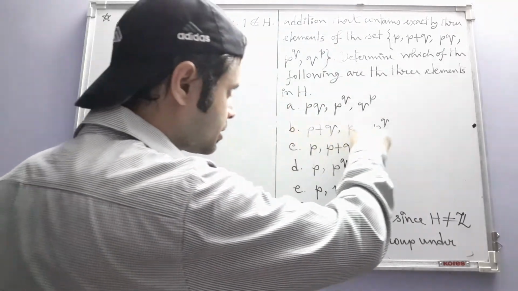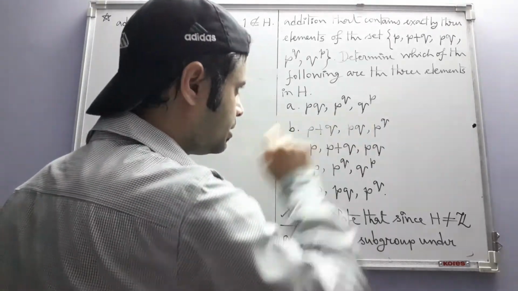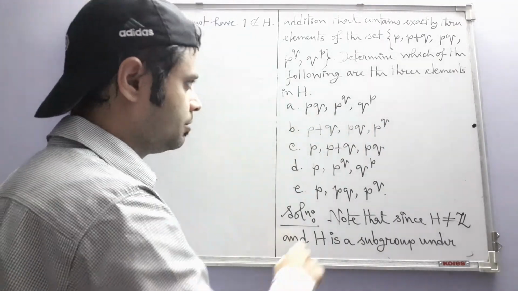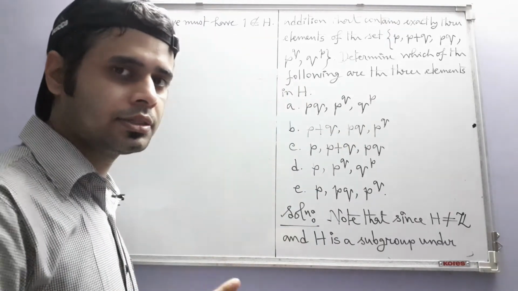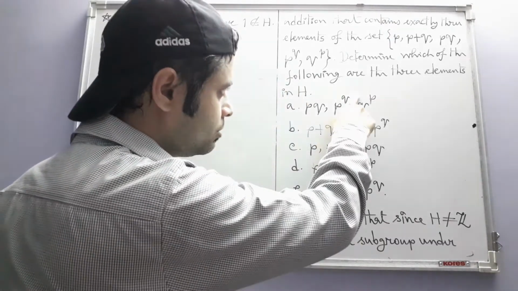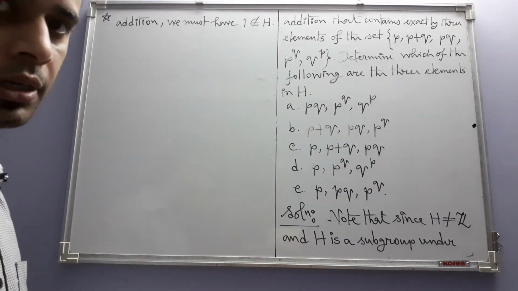Now let us consider these first 3 integers. Since p and q originally are distinct primes, p to the power q and q to the power p are relatively prime integers.